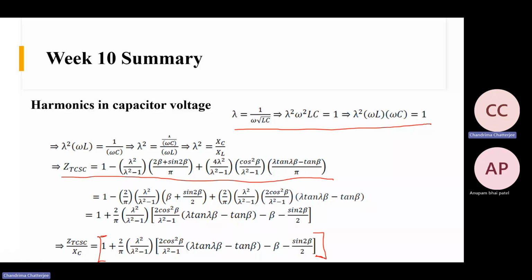You can go to the lecture by Professor Sanjeev Ganguly and you can see how the derivations are done step by step. So what are the things that we are seeing here? First of all, we need to know what is beta, and lambda we obviously know. If we know the beta value, we will be able to find out this ZTCSC.